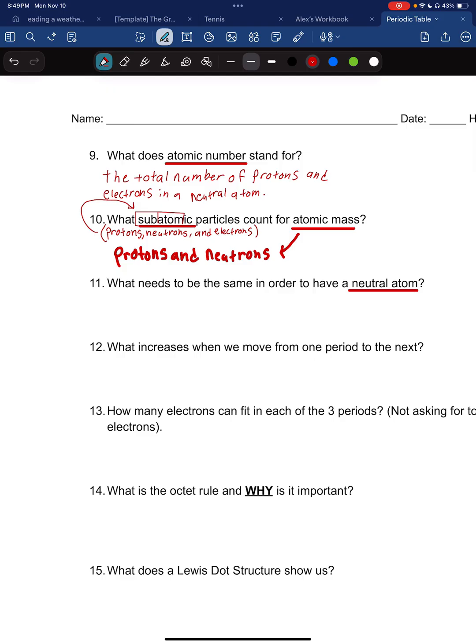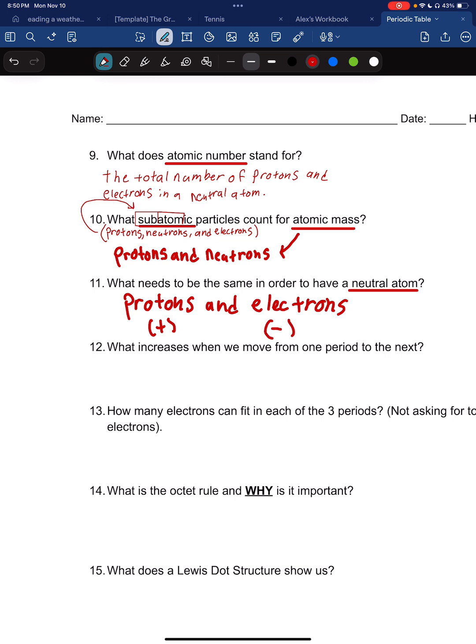This means we need the same number of protons and electrons. In order for our atoms to be electrically neutral, they have to have the same number of pluses and the same number of minuses.